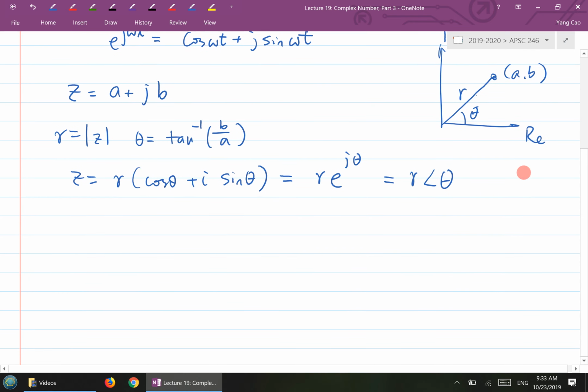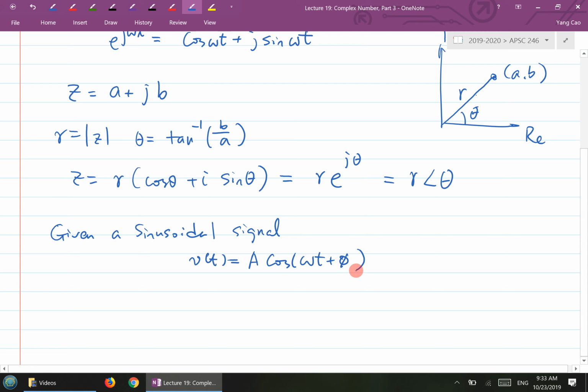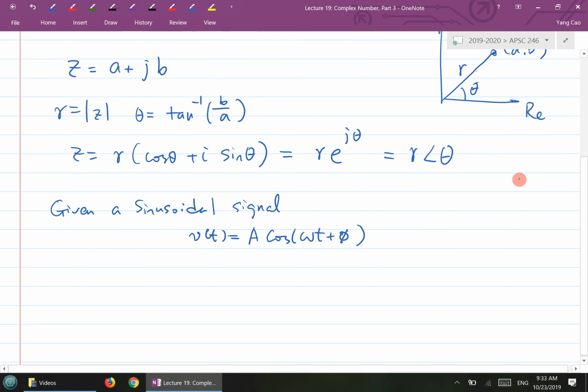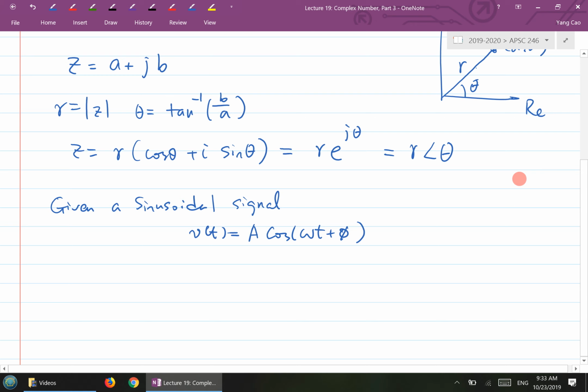Now what we're going to do is consider, let's say, a given sinusoidal function or signal. Let's call it v of t equal to A times cosine omega t plus phi. Or maybe even more, let's say we have another one. Let's call this v1.